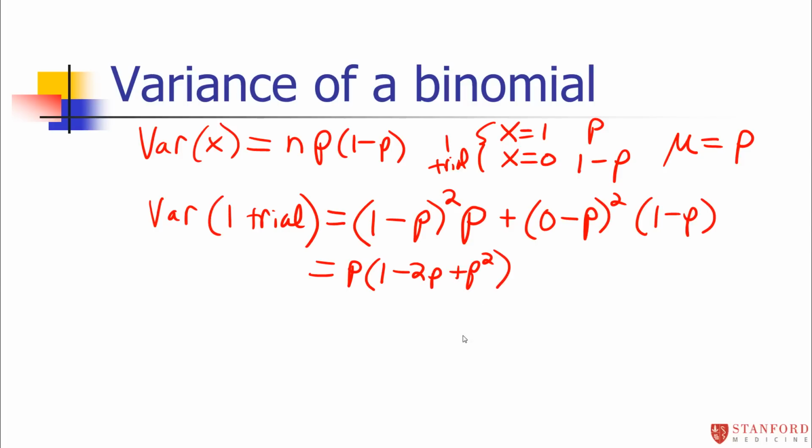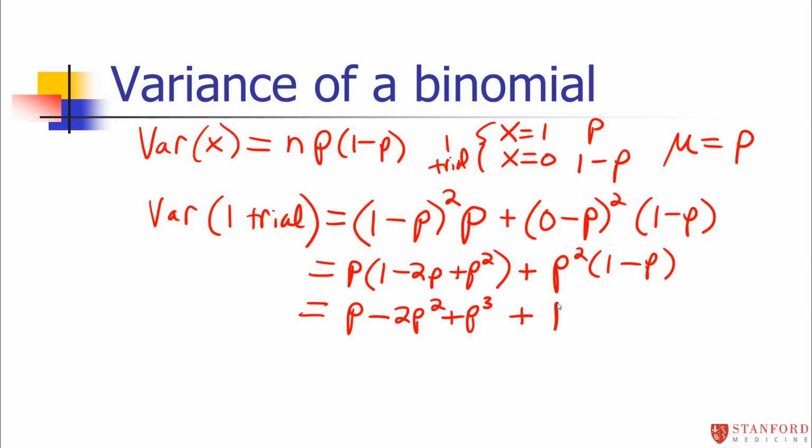If I apply FOIL here, I expand the binomial expansion of 1 minus p squared. Then, 0 minus p squared is just p squared, so this becomes p squared times 1 minus p. Now let me distribute the p here, so that becomes p minus 2p squared plus p cubed, plus, and let me distribute the p squared, minus p cubed.